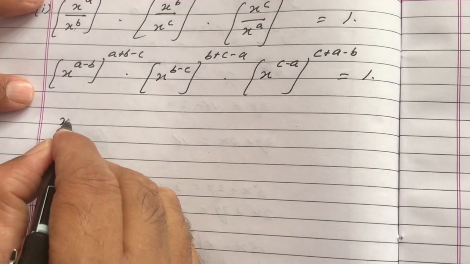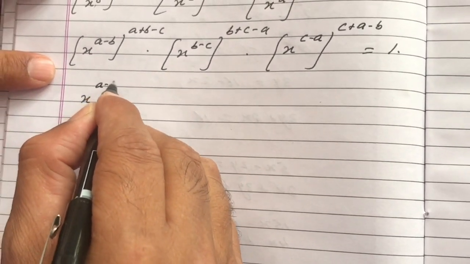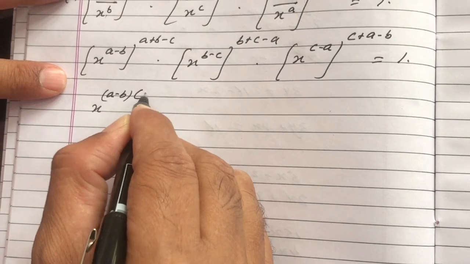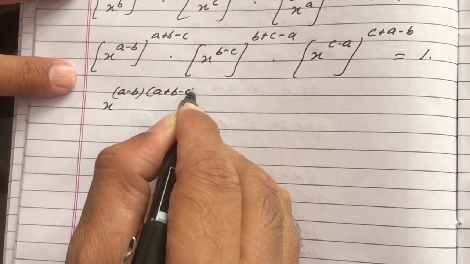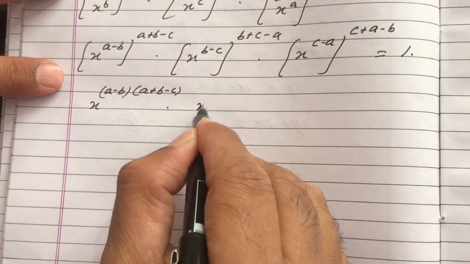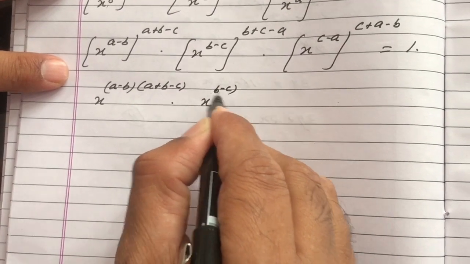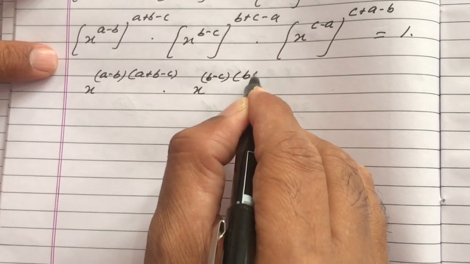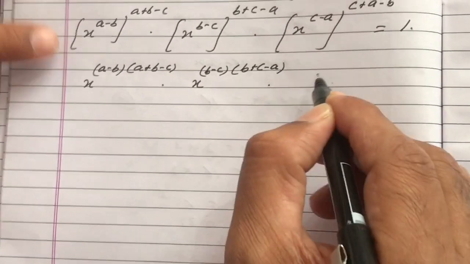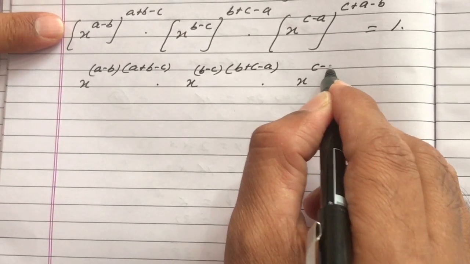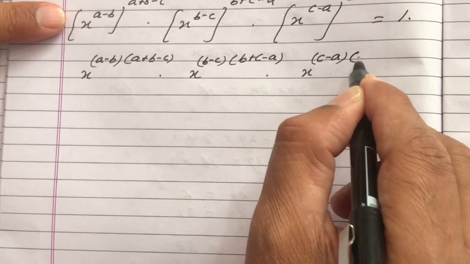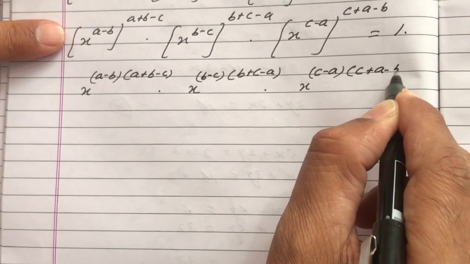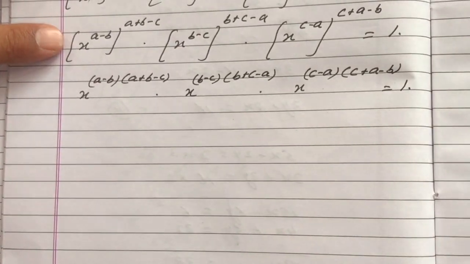So x raised to power a minus b, a plus b minus c, x raised to power b minus c, b plus c minus a, x raised to power c minus a, c plus a minus b equal to 1.